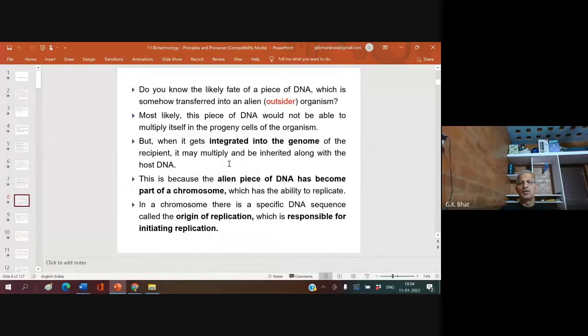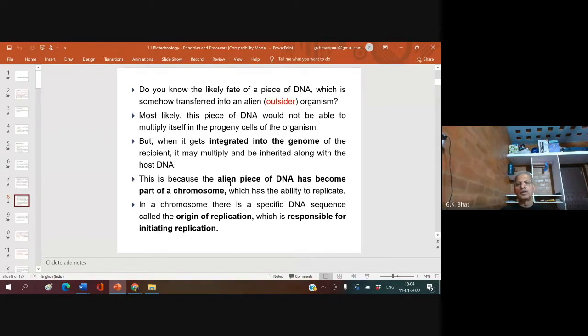You are taking a small piece of DNA you want to transfer to another organism, but you are not directly transferring it. You are ligating it, or tying it, into the DNA of the recipient. Then it may multiply and be inherited along with the host DNA. Host DNA is here the target DNA.